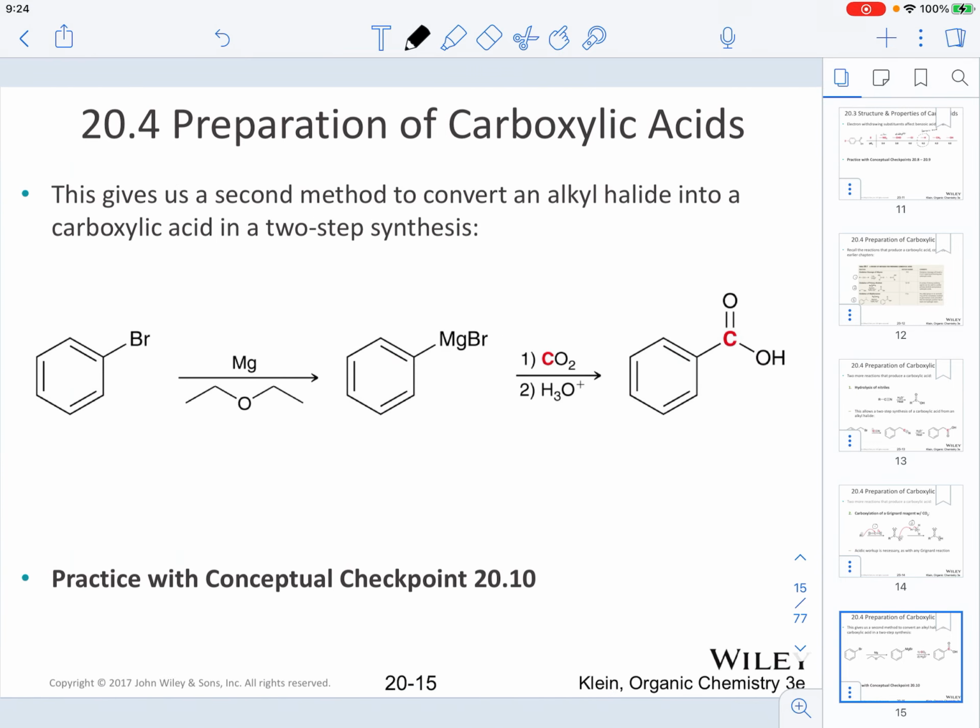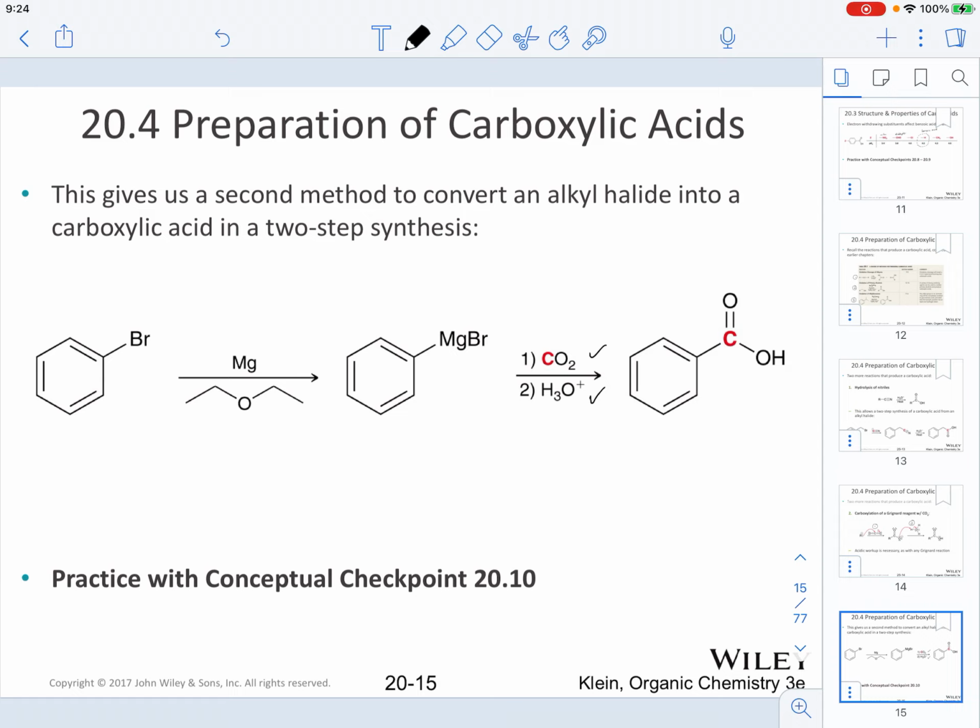Now, this provides a particular method to make a carboxylic acid. In the reaction illustrated here, we have phenyl Grignard reacted with CO2 followed by acidic workup. As I talked about in the previous slide, understand that this is a two-step process, because as you hopefully remember, when we have acid in the presence of a Grignard, that destroys the Grignard.